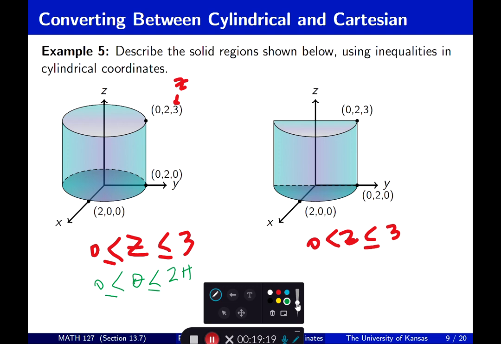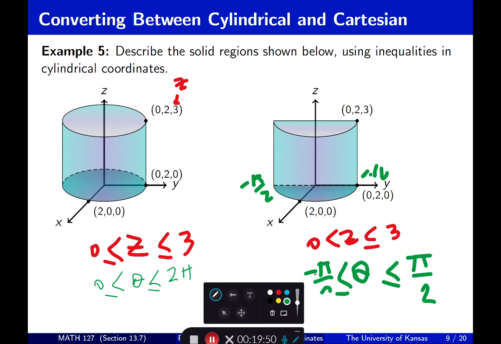No, it starts from over here, which is the negative y value, and goes all the way to pi half, which is right here. So this is negative pi half, and theta is between negative pi half and pi half.